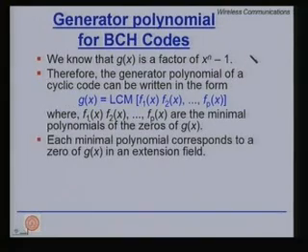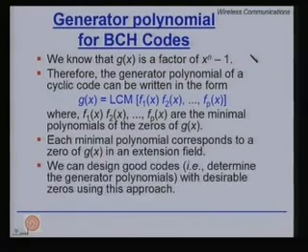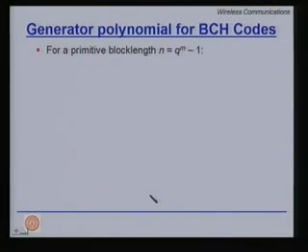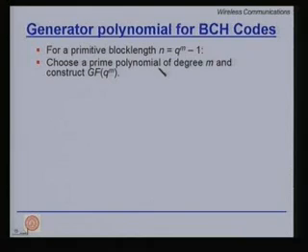So, each minimal polynomial corresponds to a zero of g(x) in an extension field. So, we can design good codes, that is determine the generator polynomials with the desirable zeros using this approach. So, with the primitive block length n equal to q raised to the power m minus 1, choose a prime polynomial of degree m and construct GF(q^m).